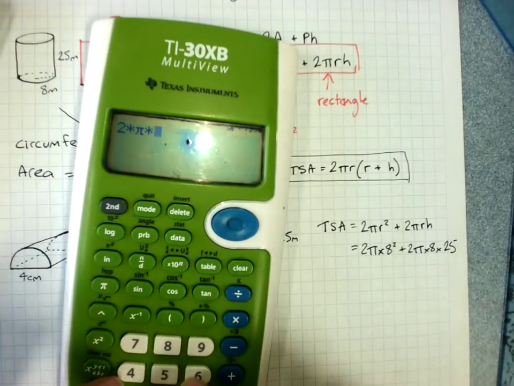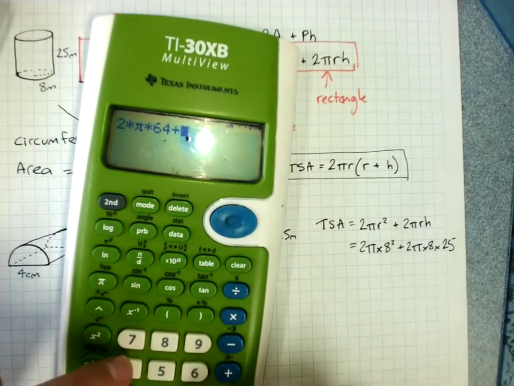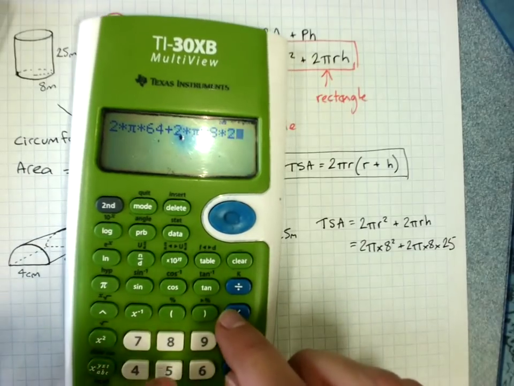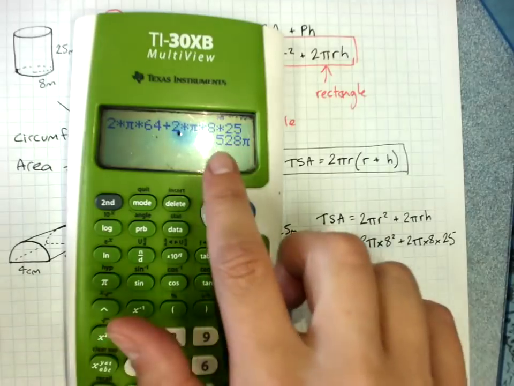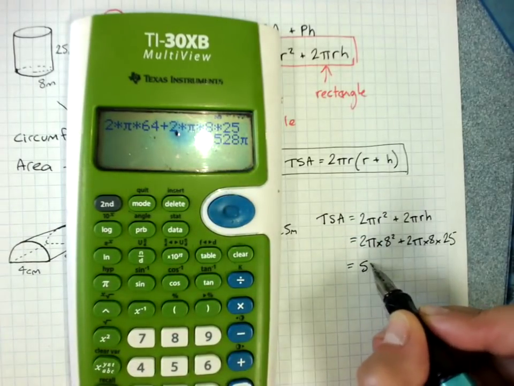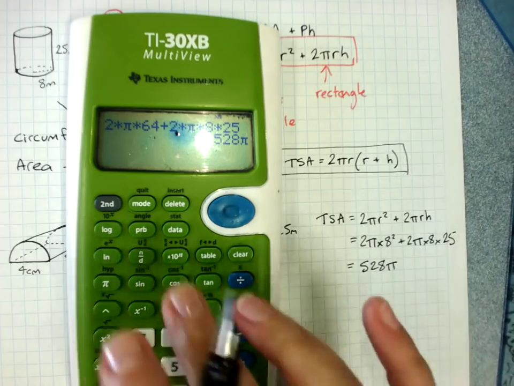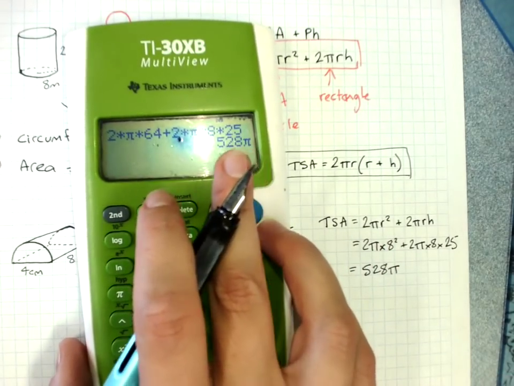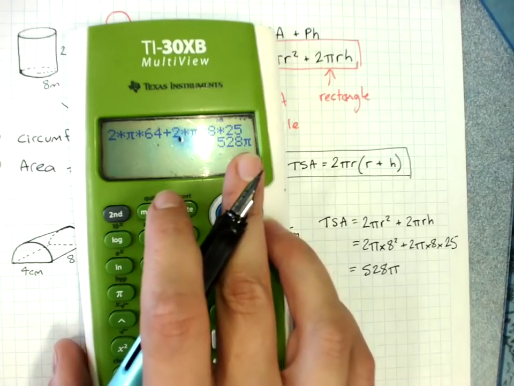8 squared is 64, let's take a shortcut, plus 2 times pi times 8 times 25. You'll get exact value. An exact value is in terms of pi, so 528 times pi.